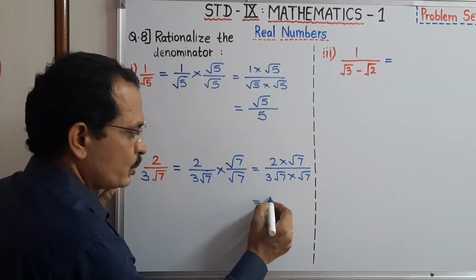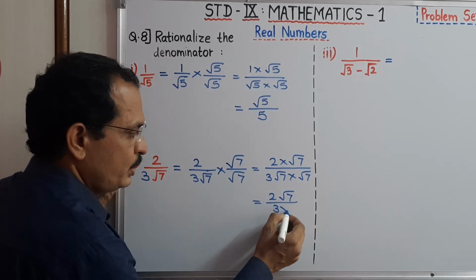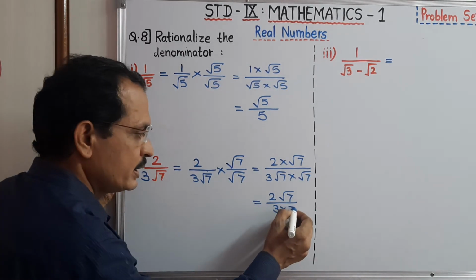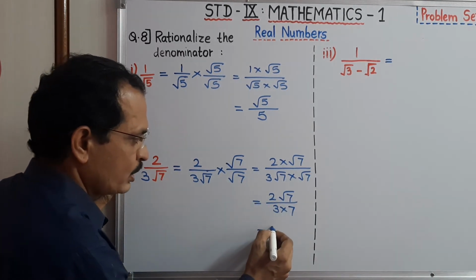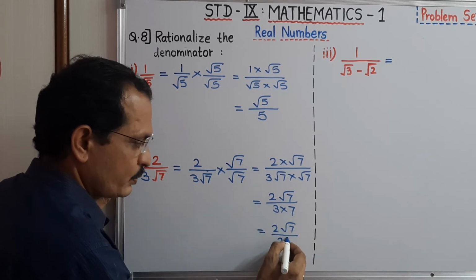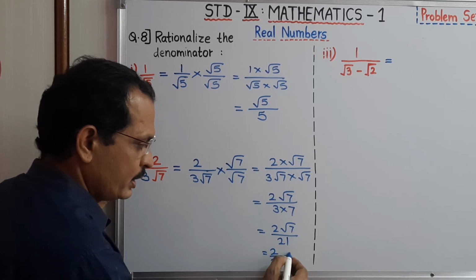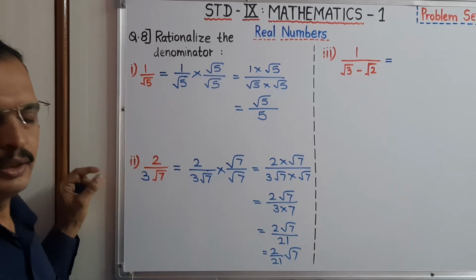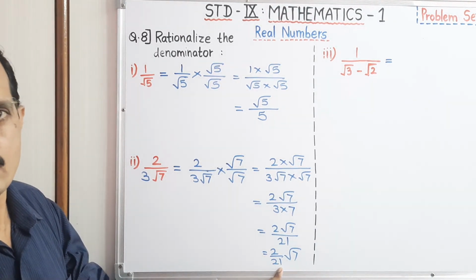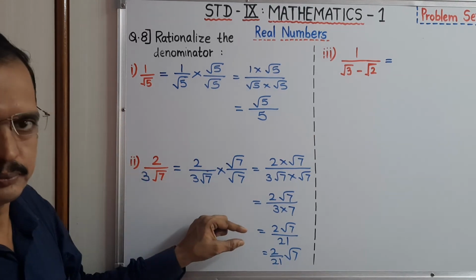Now 2 into root 7 is 2 root 7. Then 3 into root 7 into root 7, dear student, it is 7. And therefore 2 root 7 upon 7 3s are 21. Therefore we can write 2 upon 21 into root 7. The denominator is a rational number. Got it? Here, dear student, we got the rationalizing factor.